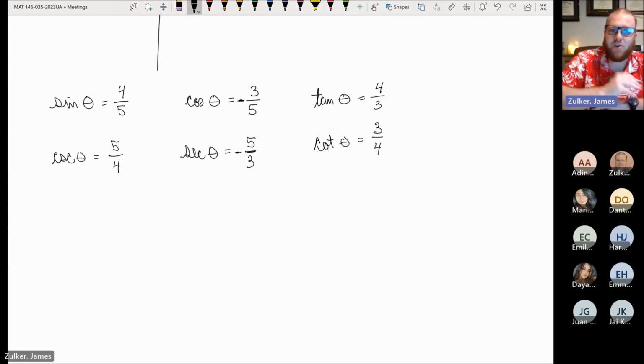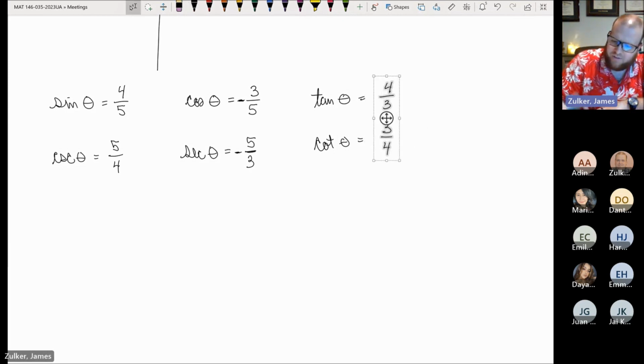So cosine and secant will become negative, as will tangent and cotangent. Sine and cosecant stay the same.